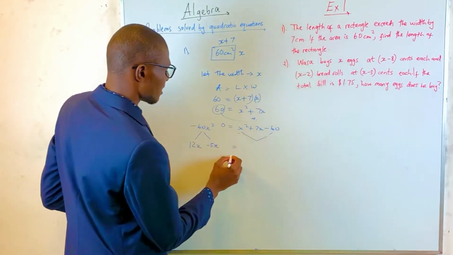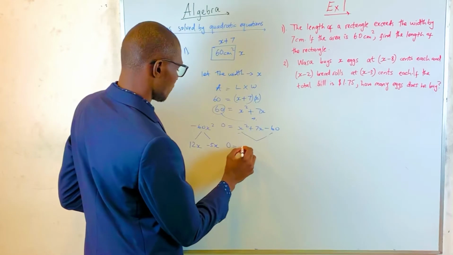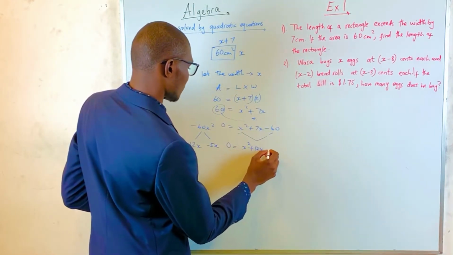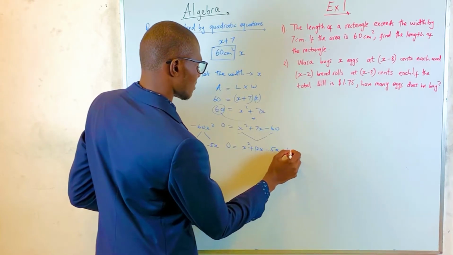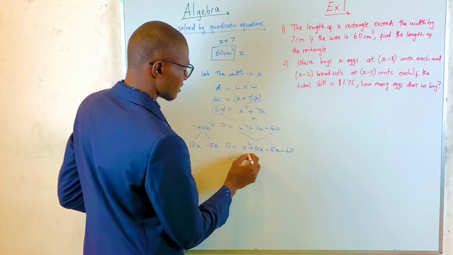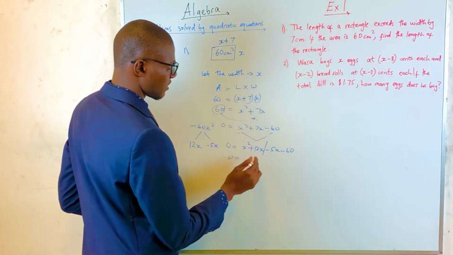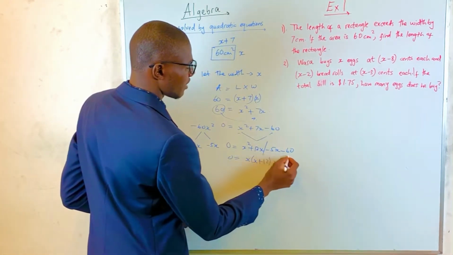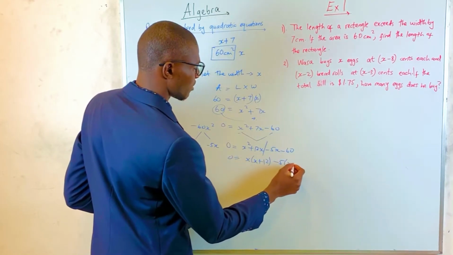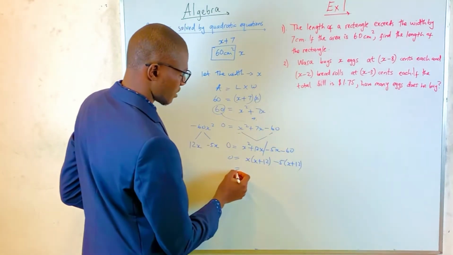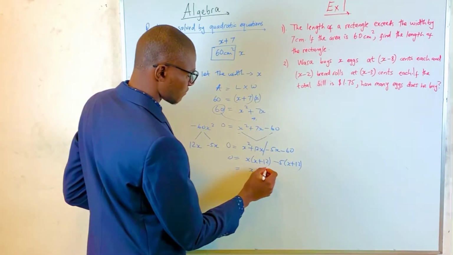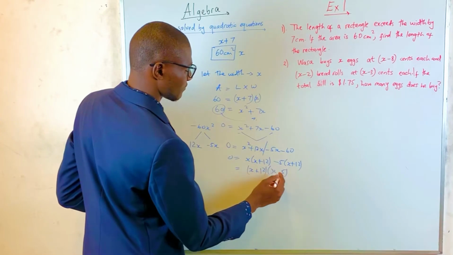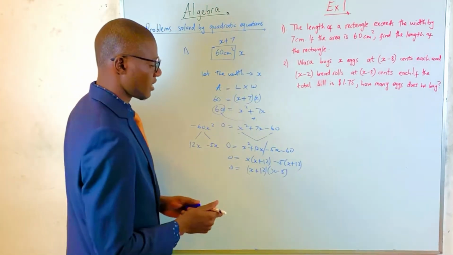So we're saying 0 is equal to x squared plus 12x minus 5x minus 60. In this 4-term expression, if we factor out x, we get x plus 12. Then here we factor out minus 5, we get x plus 12. So this will be x plus 12 times x minus 5, equal to 0.